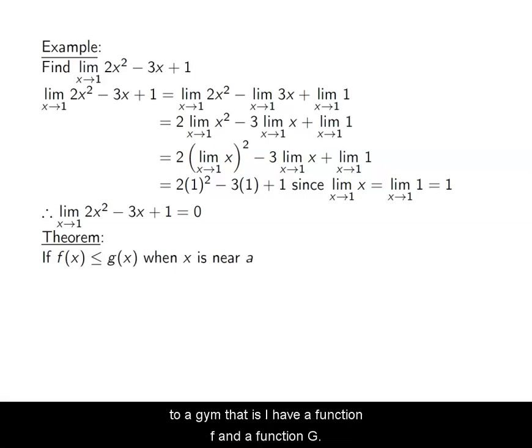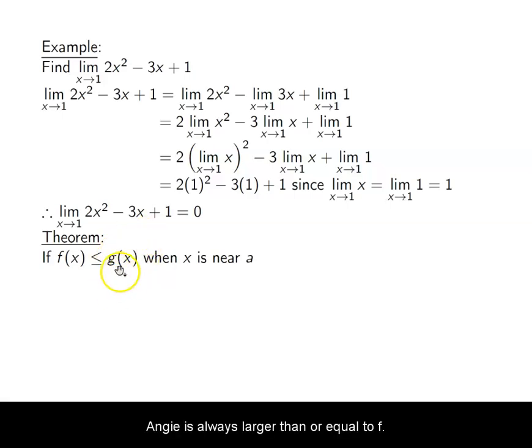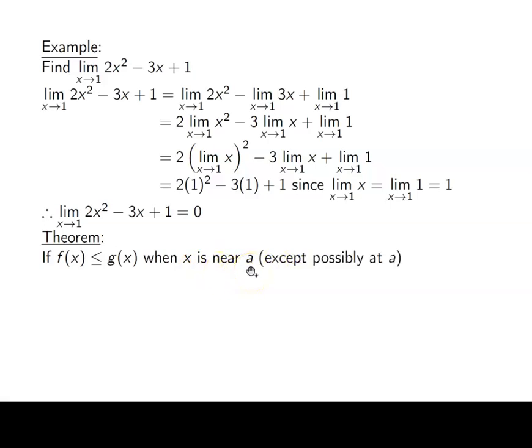So this brings us to a theorem, which is that if I have a function f and a function g, and g is always larger than or equal to f when I'm close to some point of interest, a, okay, except possibly at that point, so it's possible that at the value I'm looking at, f is actually larger than g, okay, it's possible.